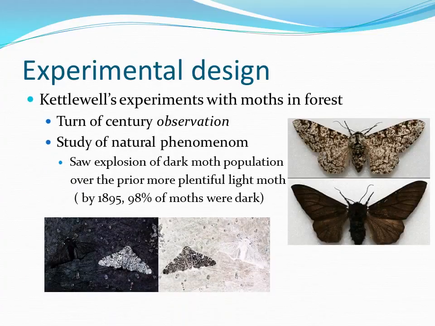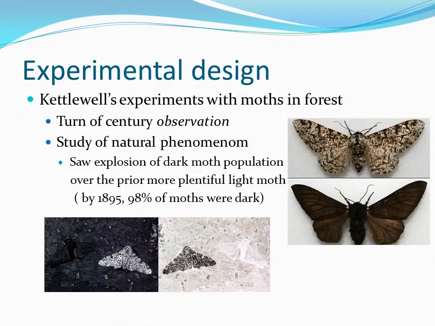This was Kettlewell's experiments looking at the turn of the century. And he looked at an observation, basically 2 moths, white moths, dark moths. And if you looked at a natural phenomenon, he saw a huge explosion of the dark moth population over the prior more plentiful light moths. And what you can see on the bottom are different colored tree barks.